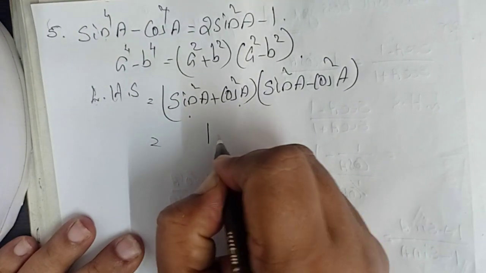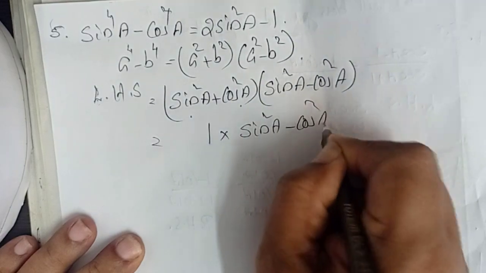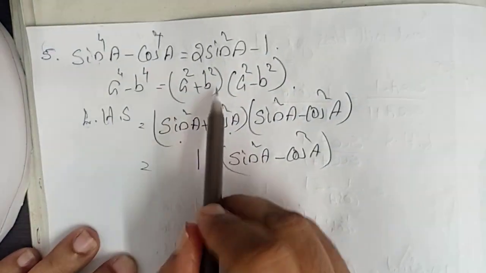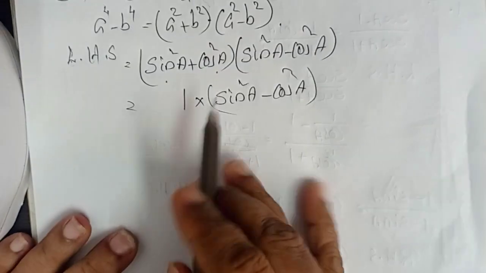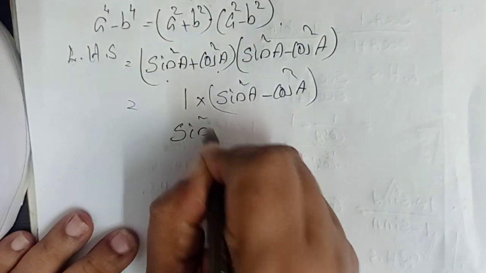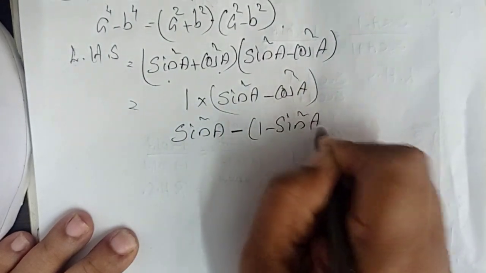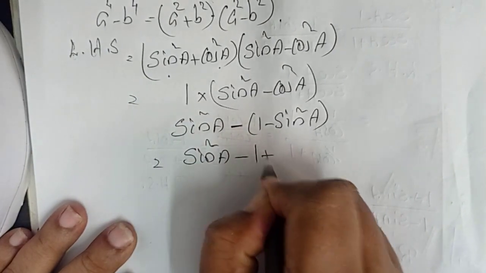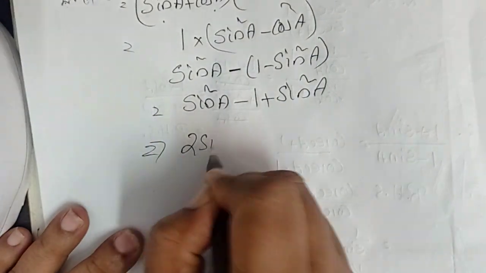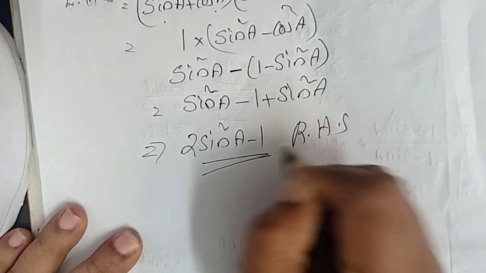Yes, very good. 1 into sine square A minus cos square A. But in the RHS, no cos square term. Therefore, sine square A minus of 1 minus sine square A. Then sine square A minus 1 plus sine square A. That implies 2 sine square A minus 1. That is the RHS. Okay.